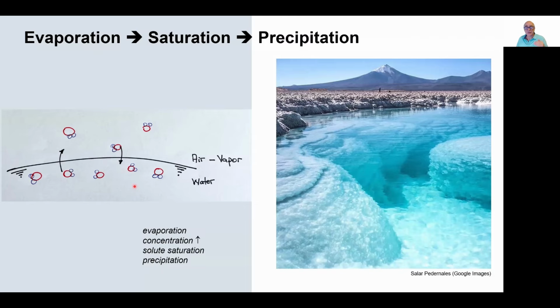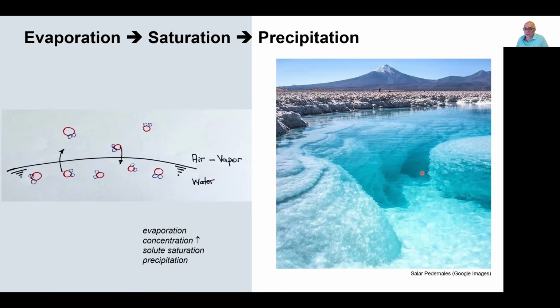Now, as I mentioned earlier, if you put too much salt, you may have brine that cannot dissolve salt anymore. And this is the situation that we see in many places where we have water bodies, for example, the Dead Sea. It's a water body surrounded by salt precipitation and involved in salt precipitation.